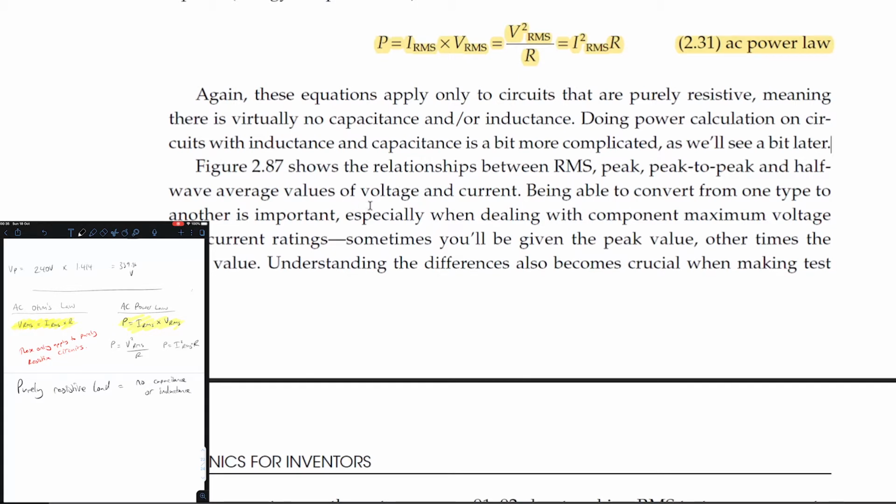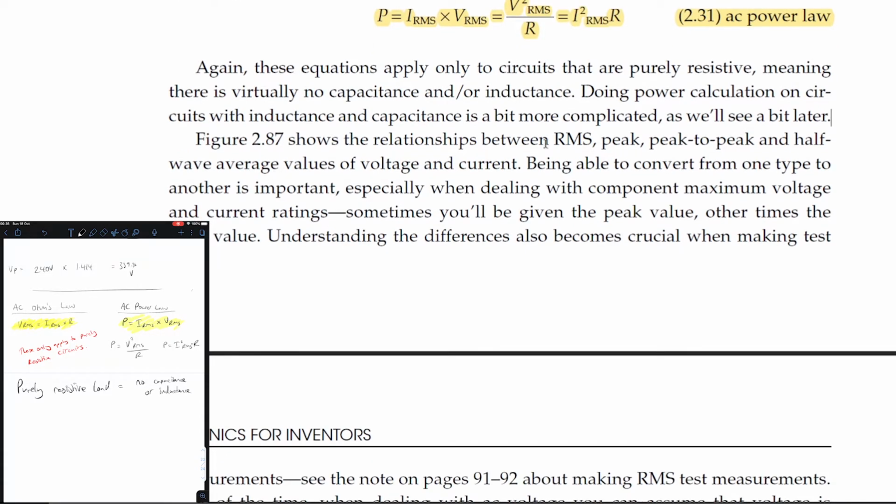So figure 2.87 shows relationships between RMS, peak, peak to peak, and half wave. What's a half wave? Is that like that's on either above or below zero, not crossing zero? So figure 2.87 shows all of these, the relationships between these average values of voltage and current.